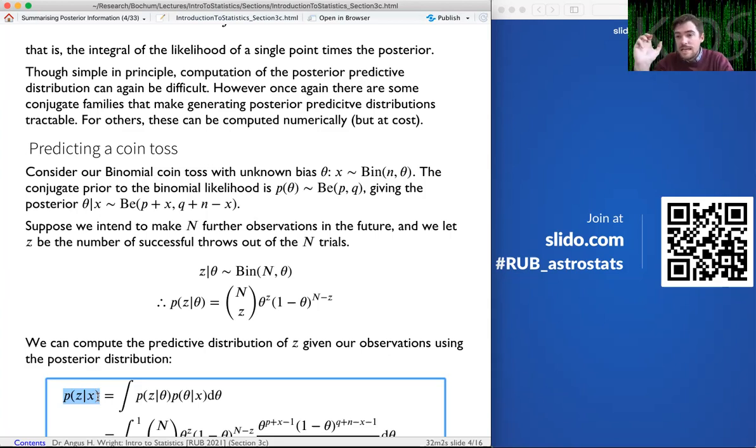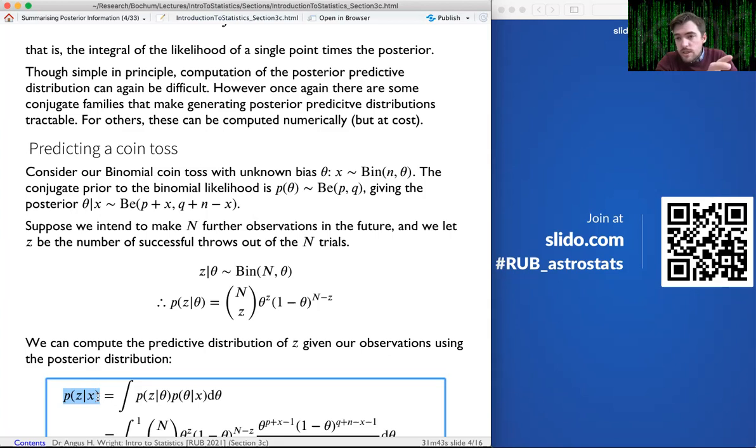So we don't actually need to look at the posterior for the moment. We just want to say, I don't actually care what the bias is on my coin. What I care about is what is the most likely number of heads that I will see if I do another N trials, capital N trials.